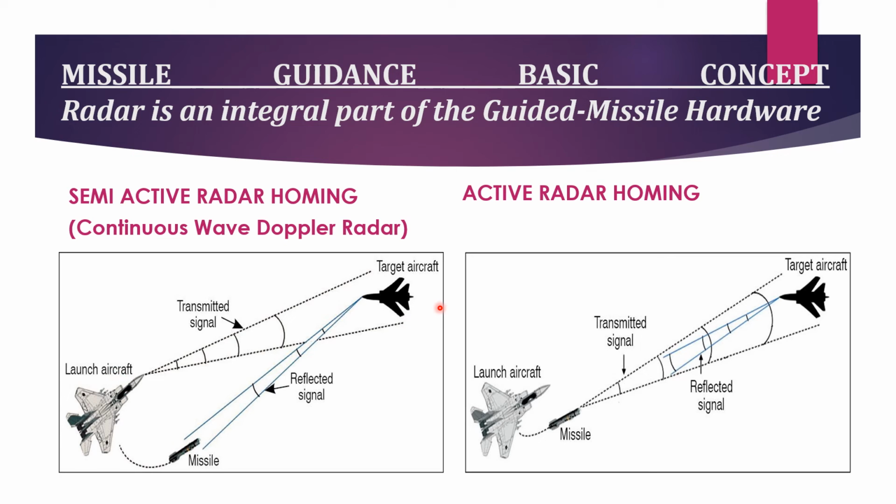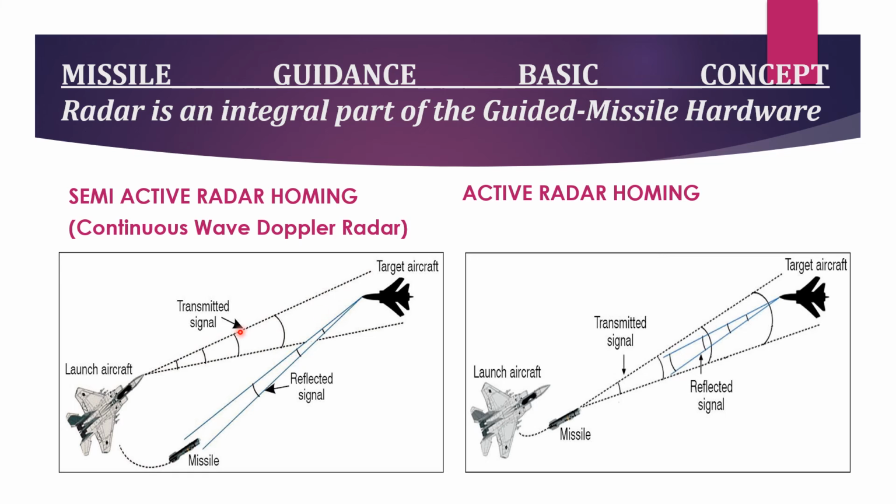So, whenever any target aircraft or enemy aircraft comes near your area, your launch aircraft scans it, and is able to detect it. How is it able to detect it? The launch aircraft has fire control radar, and that fire control radar transmits electromagnetic energy towards the target aircraft, illuminating that target aircraft.